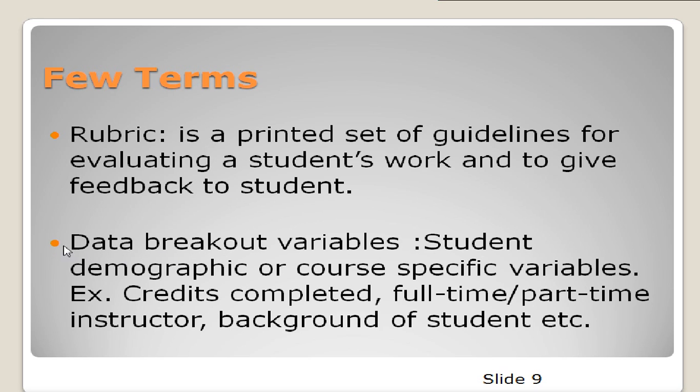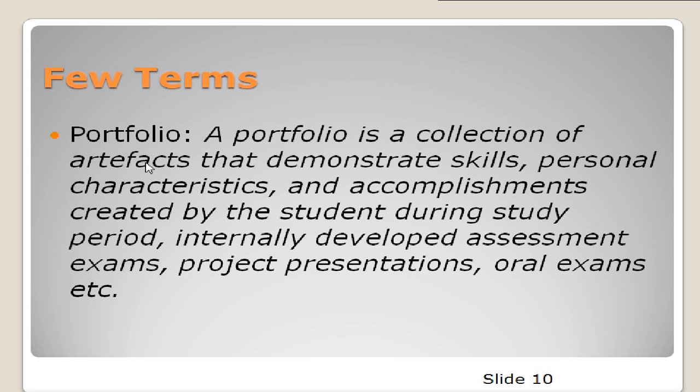Another important term is data breakout variables. That will give the composition of the class, whether all the students are very bright or some of them need additional help, and so on. Another important term is portfolio. Portfolio indicates all the things that a student can show that he has done.